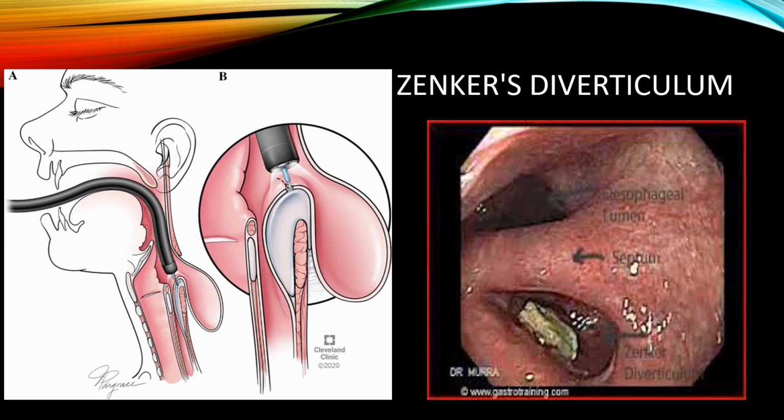A couple different ways to fix this. It can be done endoscopically or with an open transcervical approach, which is the only way I've seen it done. They either excise the diverticulum or tack it superiorly to the prevertebral fascia. Those seem to work as well.